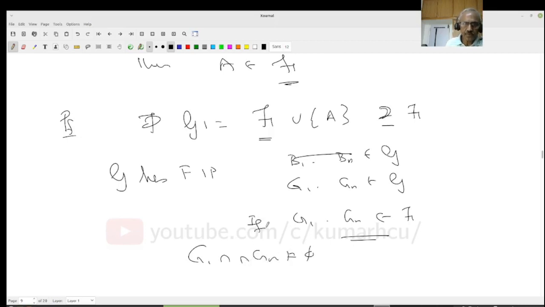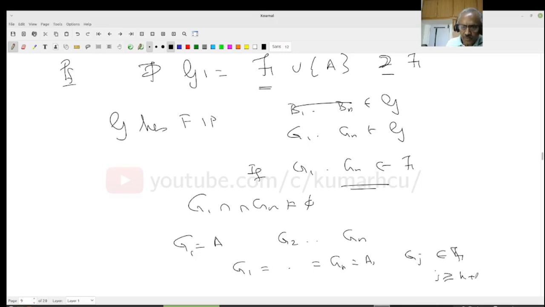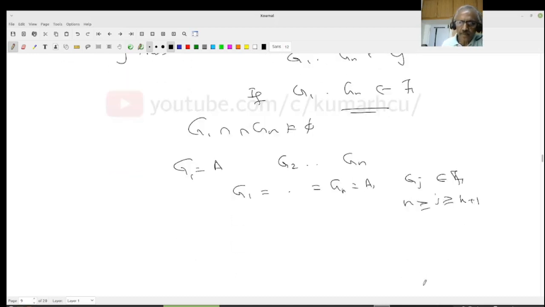Otherwise, one element may be A, maybe many more elements, but at least there is one element A. So suppose my G1 is A. I do not know anything about G2 to Gn. Or if you want, collect them in such a way that G1 to Gk equal A and Gj are in F if j is greater than or equal to k plus 1.